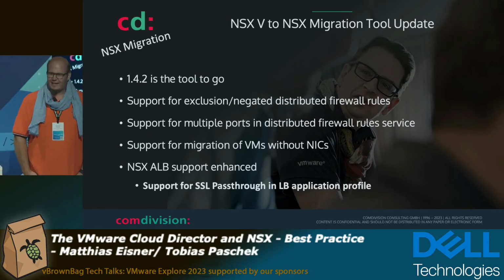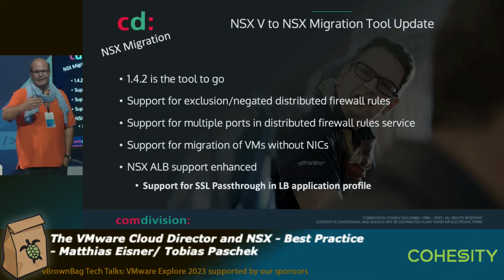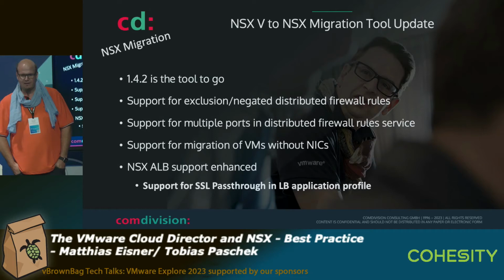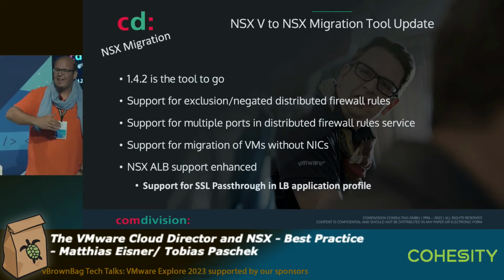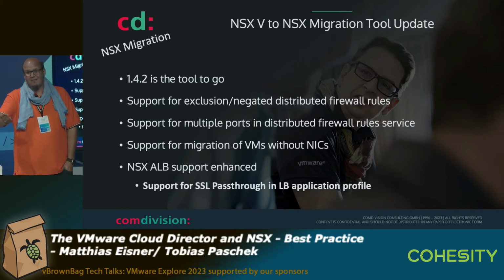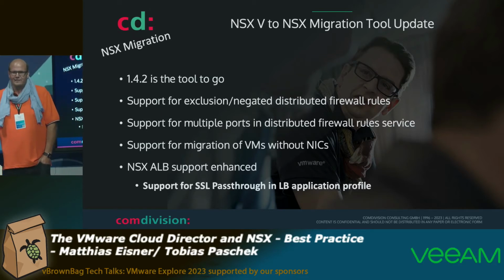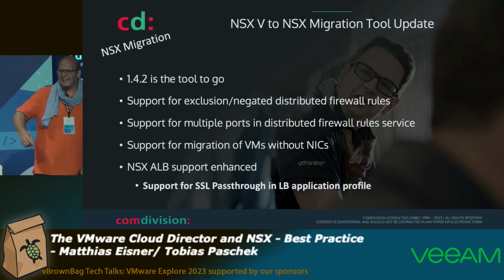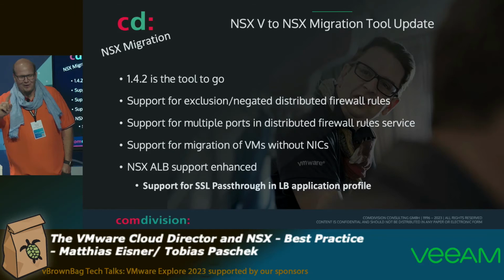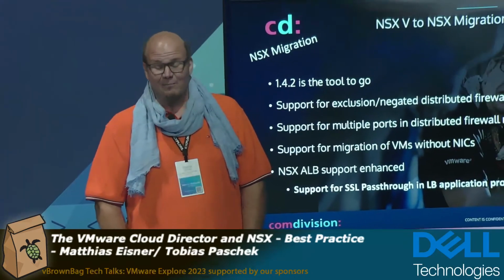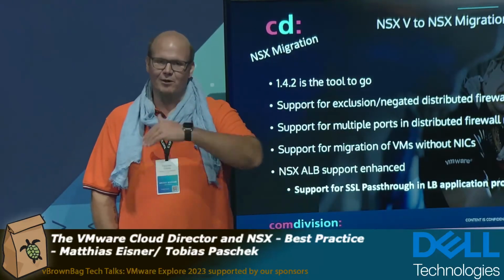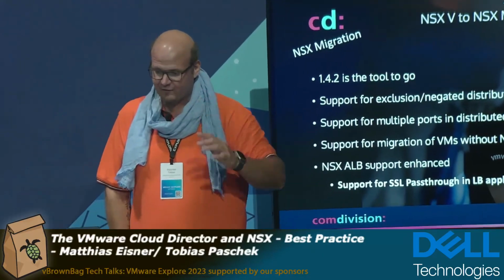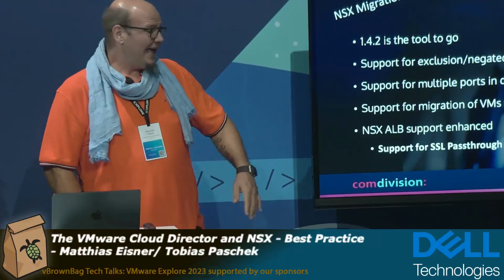Some of you may laugh and say, why should I have a virtual machine without a network card in my VCD? Talking about offline root CAs, if the customer has deployed an offline root CA, it was never connected to any network, which is the best practice by Microsoft. You were stuck, to be honest, because you haven't been able to migrate, and this is a feature I requested. You could not migrate those customers; you needed to export it before and then import it again, so it was a full mess, and now it is supported.